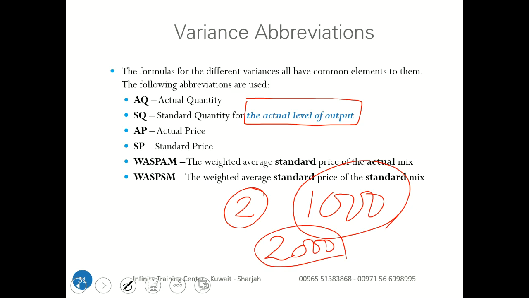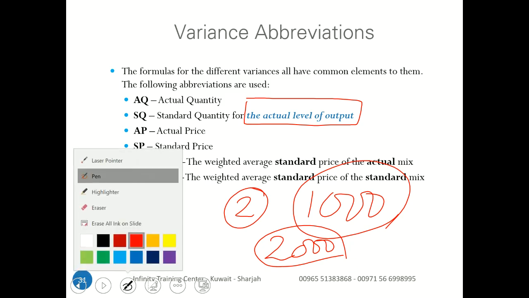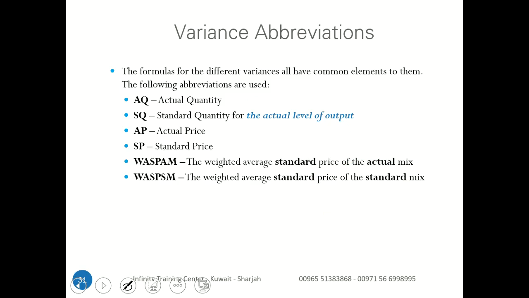So when you make 1000 units, we should have a standard quantity of 2000. That is what we consider in standard quantity. Okay, WASPM and WSPSM we will discuss in the coming slide, along with mix and yield variances.